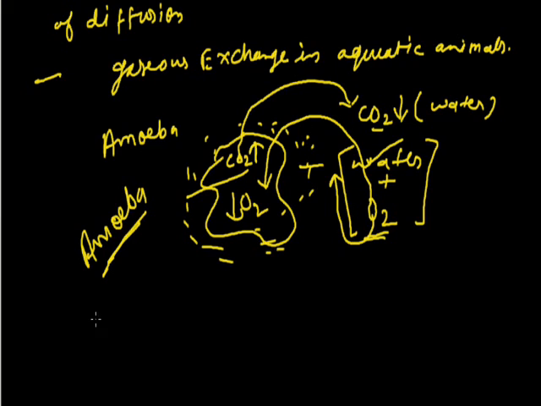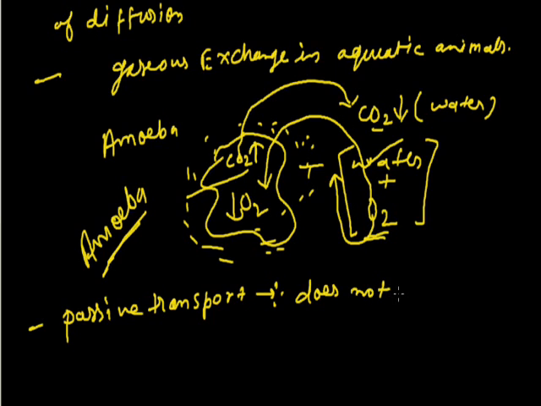In this process, I can say that diffusion is a kind of passive transport. Why am I calling it passive transport? Because passive transport doesn't require any energy. Does the process of diffusion require energy?